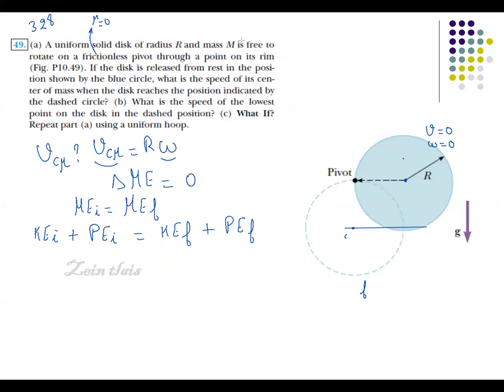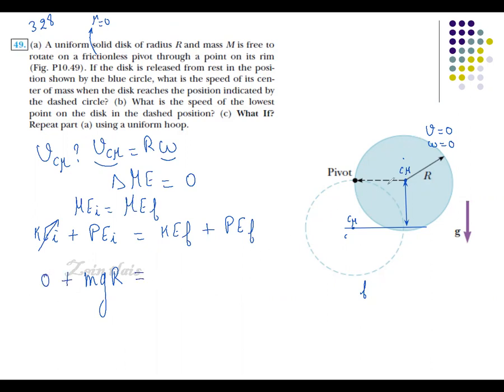Initially we have a height equal to R, so initially we have a potential equal to mgR at the center of mass. What about the kinetic? We don't have velocity initially, so we don't have kinetic energy.